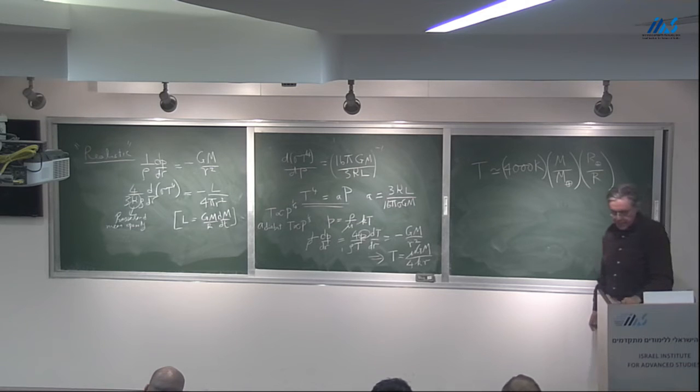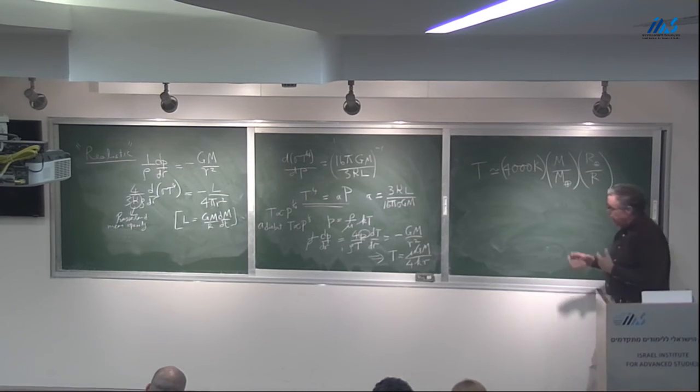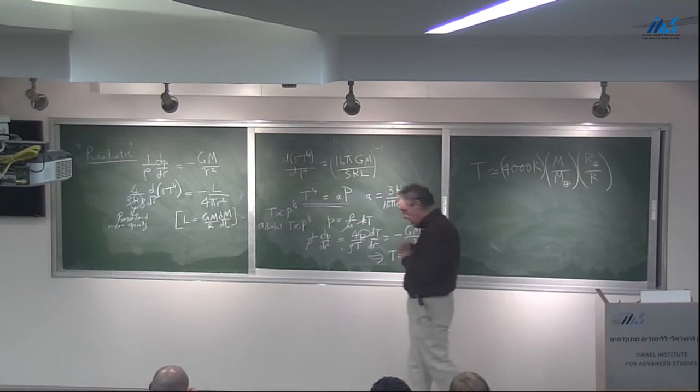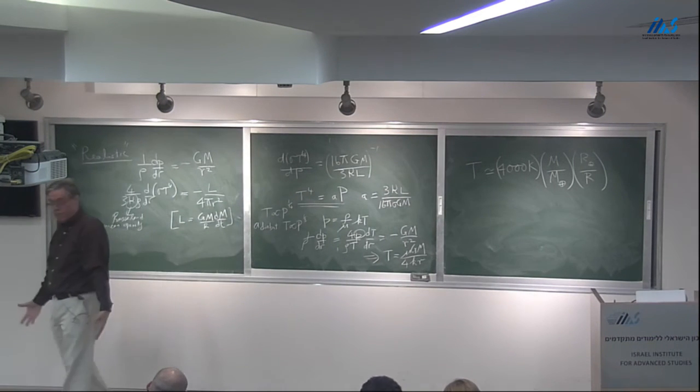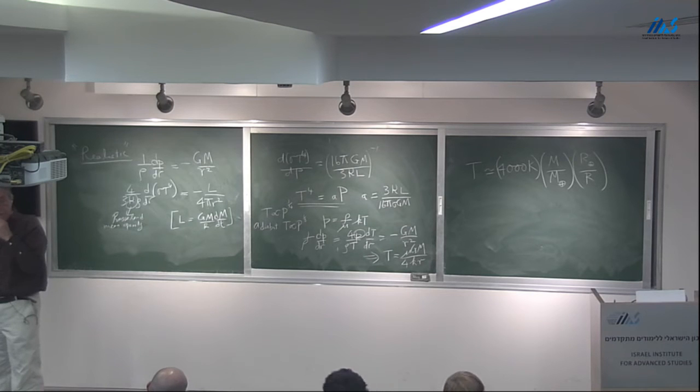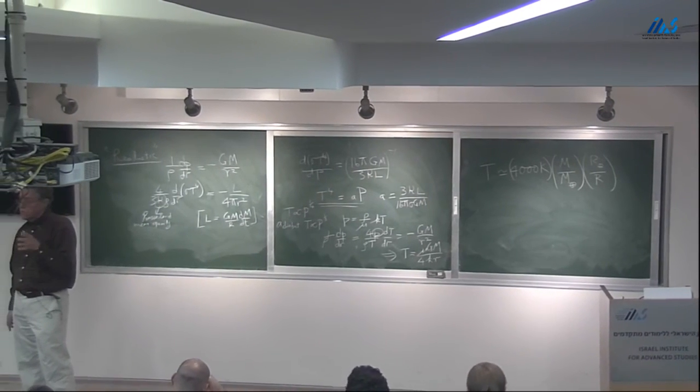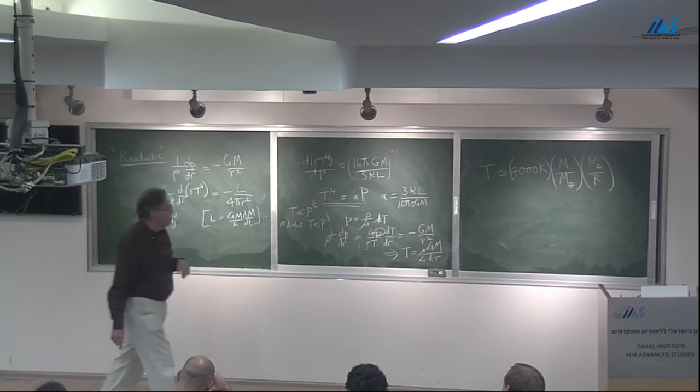So this says that in a situation like this, at the base of the envelope, once I've reached 1 Earth mass, I have 4,000 Kelvin. And actually, realistic models also give numbers that are sort of like that.